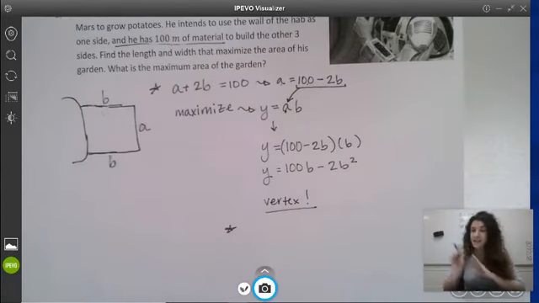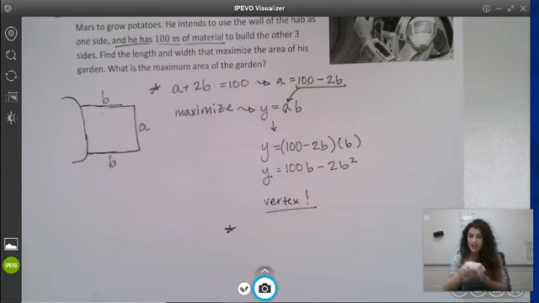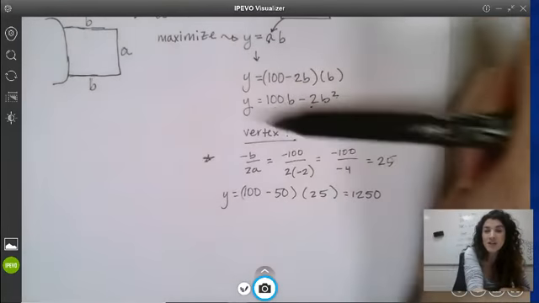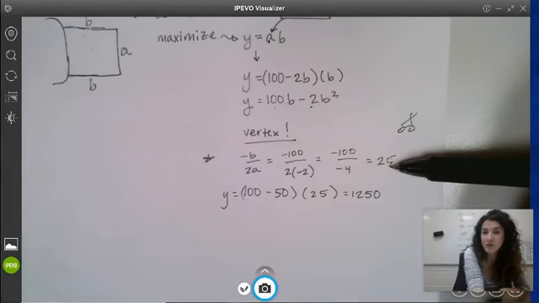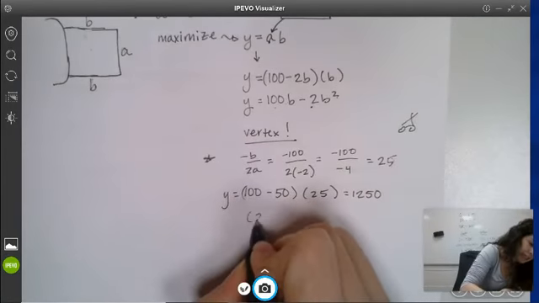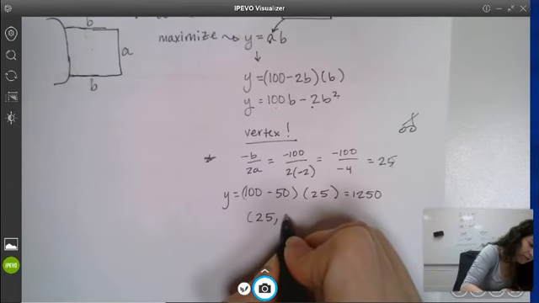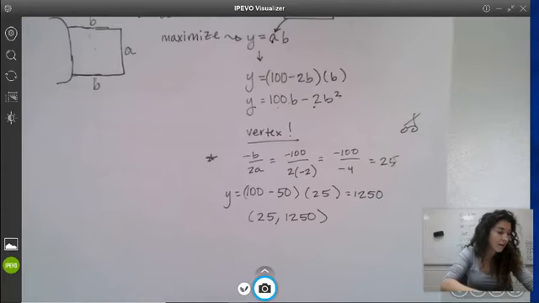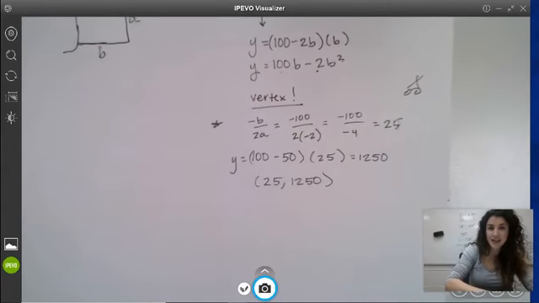Go ahead and find the x and y value of the vertex for this equation. So your vertex of your equation ends up having an x value of 25 and a y value of 1250, resulting in the point 25 and 1250. Now, you already have one of your answers here.